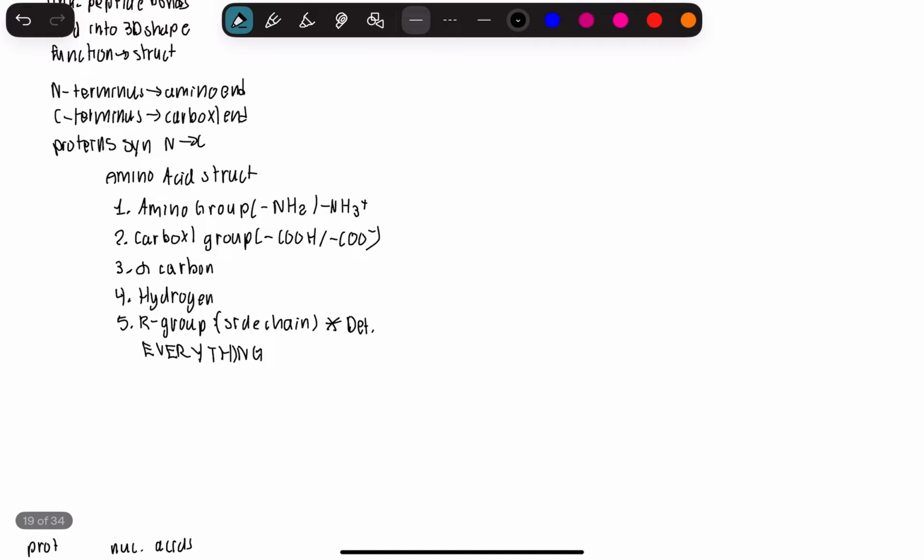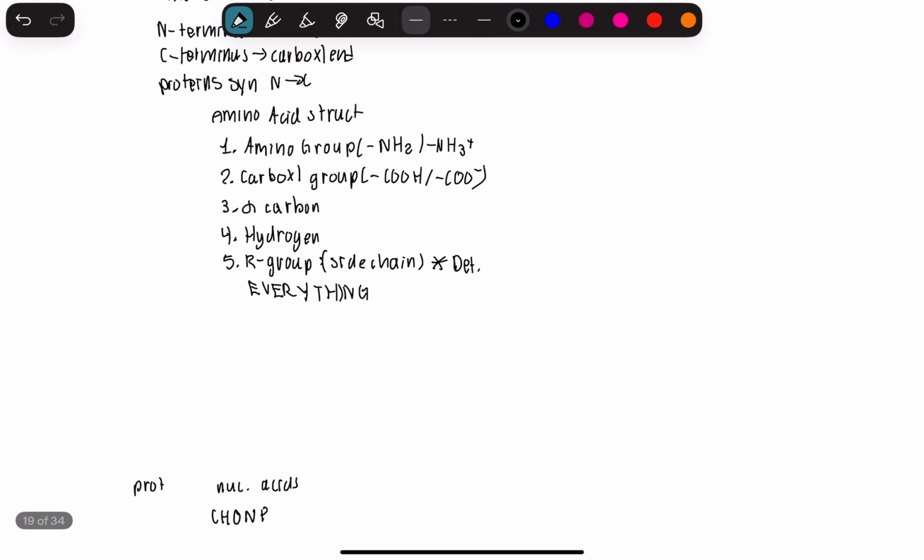For example, we can talk about the R group and its properties.